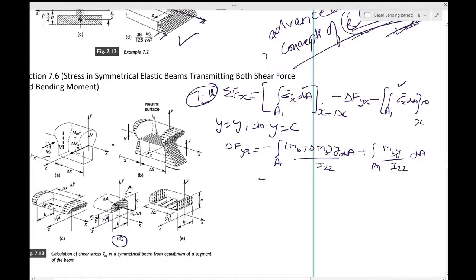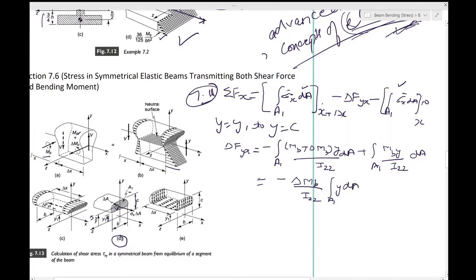And this, minus Mb and plus Mb will cancel, so you would be left with minus delta Mb by Izz into the integral over A1 of y dA.